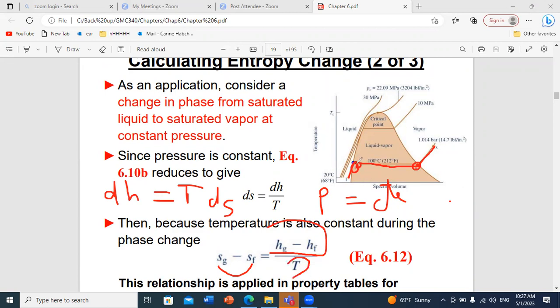Because between these two points, T is constant. When you are inside the dome and you have change of phase, T is constant. Please pay attention, only inside the dome. Because if we have constant pressure inside the dome, T is constant, but outside you have variation of temperature. So inside the dome, you can write that delta H is equal to T, which is constant, times delta S. This is why SG minus SF is equal to (HG minus HF) over T.